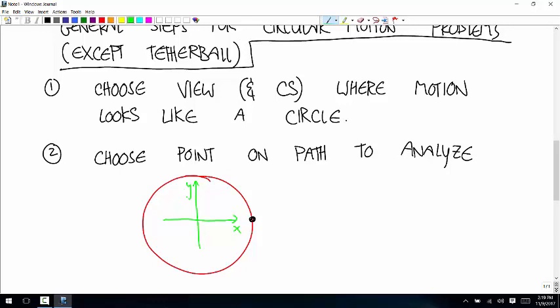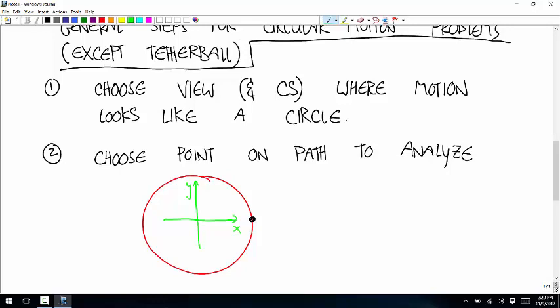In some problems, what point you analyze is going to be given for you, like it'll ask you something about what's happening when the object's here or here. And other times you're calculating stuff that you could calculate based on any point, so you just have to choose one.